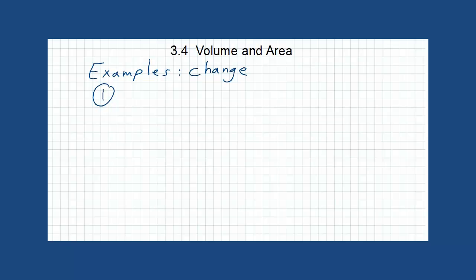Example 1. Change 5 liters. We want to change them to milliliters. We need to multiply by 1000. So it would be 5000 milliliters.